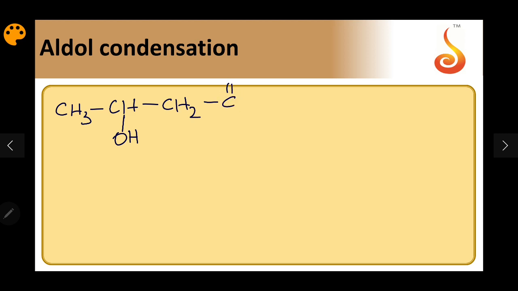So very important here, the dehydration of aldol forming an alpha beta unsaturated compound follows the E1CB mechanism. So this OH minus will take a proton here forming the carbanion. So you need a carbanion. E1CB mechanism means the leaving group must be poor. So OH is a poor leaving group and the alpha carbon has an electron withdrawing group, that is the aldehyde.